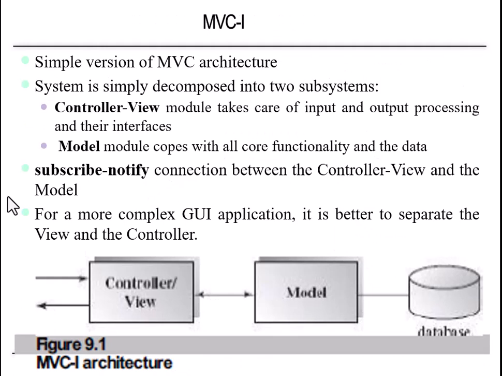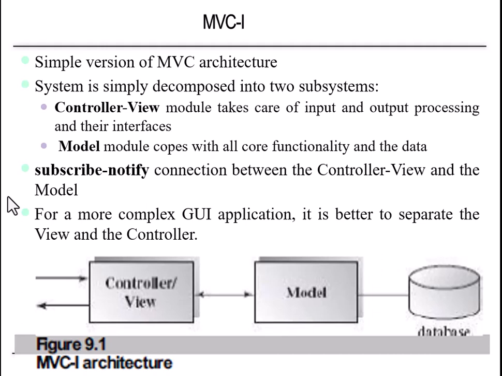MVC 1, which is a version of MVC architecture, is where a system is simply decomposed into two parts. Control view module takes care of the input output processing and their interfaces. So MVC 1 combines the controller and view together. Basically these are separated, but consider them as one part.